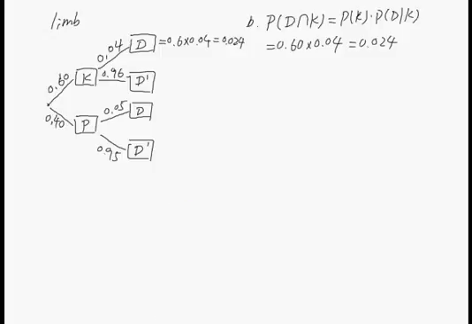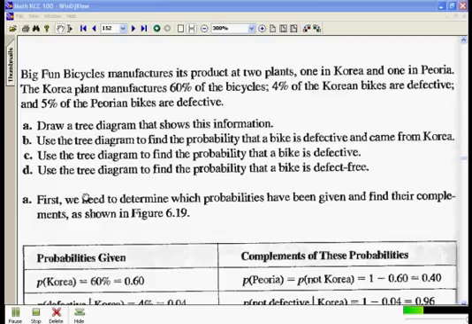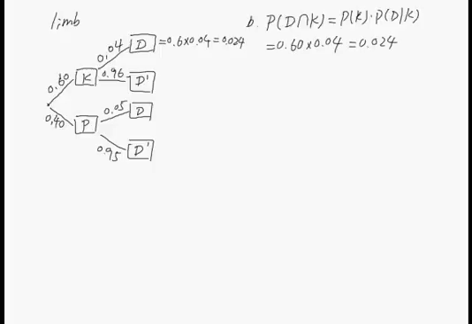Now let's look at part C. Use the tree diagram to find the probability that a bag is defective. So in part C, we need to find P of D, a bag is defective. To find the probability of the event in the second stage, you may just check all those names to see which name contains this event.